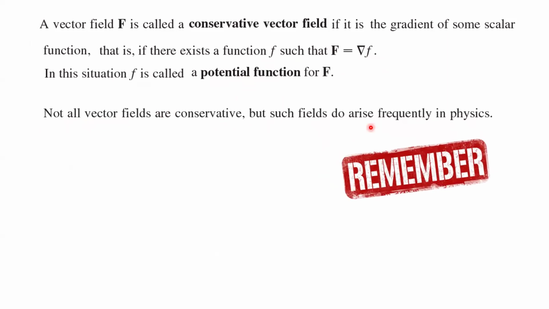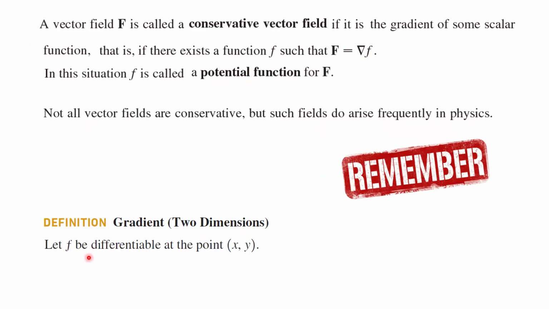Also remember that now that we talked about nabla f, or the gradient of f, the gradient in 2-dimension is defined as follows. Suppose f is a differentiable function at point x and y, then the gradient of f at point x and y is a vector valued function. So please pay attention.